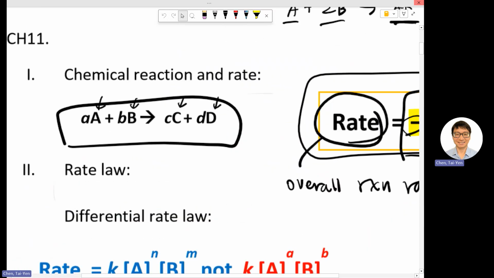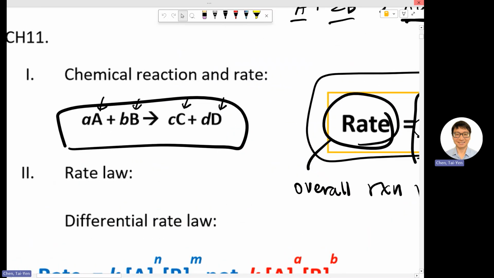Here we give you this example: aA plus bB gives you cC plus dD, where we call capital A and capital B the reactants, and C and D the products. Very good. It's a very important concept. And the lowercase a, b, c, d are called coefficients. To be more professional, you want to say they are stoichiometric coefficients.